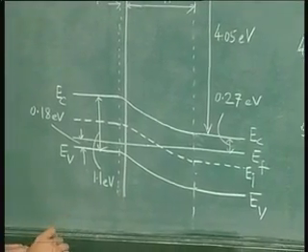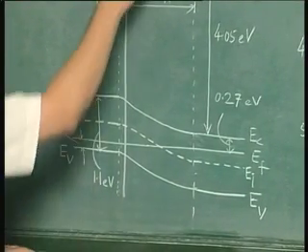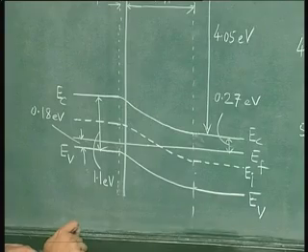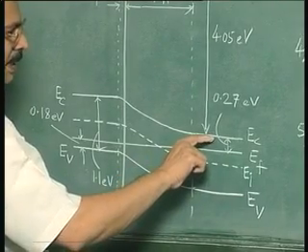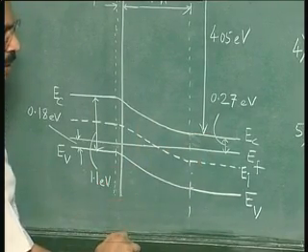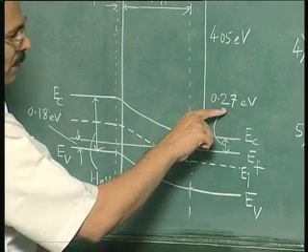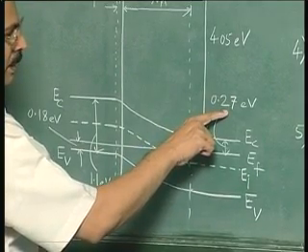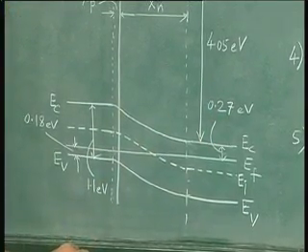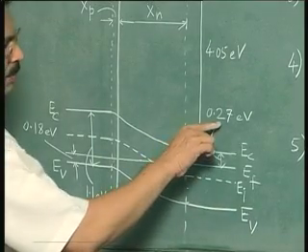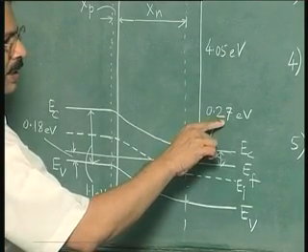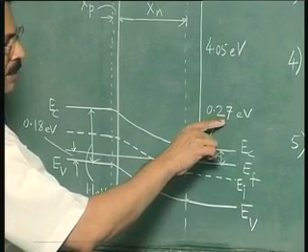Now where will the impurity levels be? On the N side, the donor level is close to EC but at a distance of 0.05 electron volts. Now if you compare 0.05 electron volts, which is the ionization energy of phosphorus, with 0.27, 0.27 is a little more than 5 times 0.05.